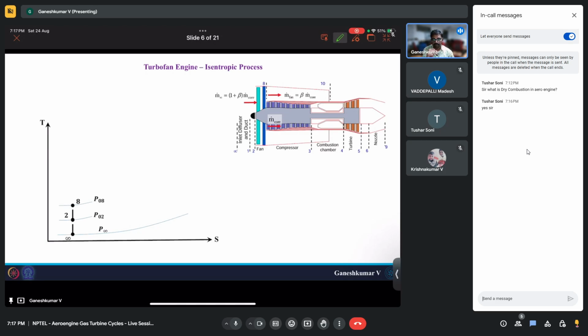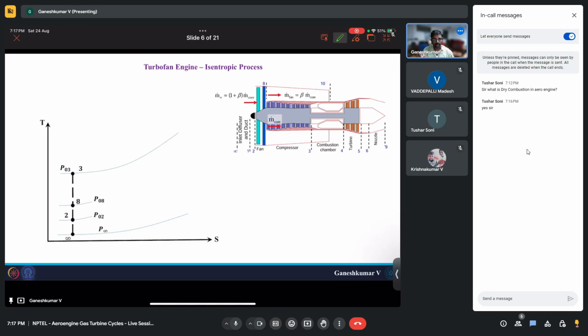Now let's focus on the core flow. In the compressor, you have an increase in pressure, but it's isentropic, so you will again have a straight line from 8 to 3, and 3 is the exit of the compressor. The gases enter the combustion chamber. We know the combustion chamber is not an isentropic process, because the gases are reacting and entropy changes.